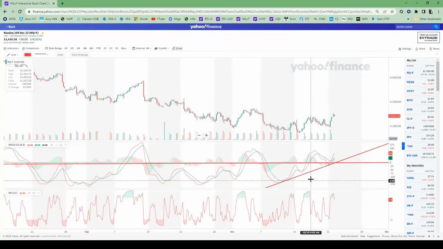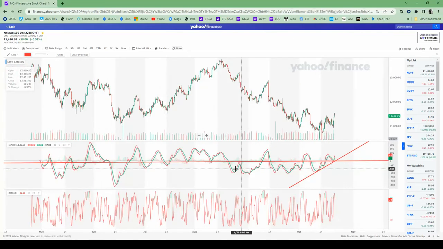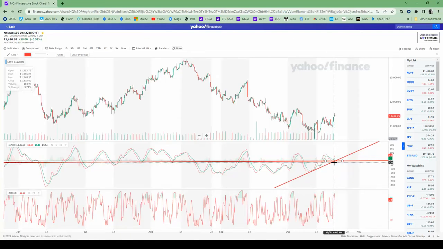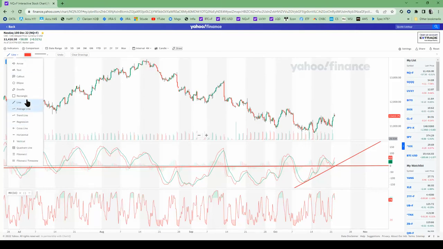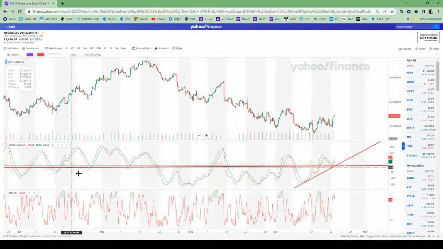Okay. I want to call your attention to, look at the last time on the 4-hour chart that the MACD line closed near the zero line. That was back in August. Okay, let's draw this. Make the arrow bigger.